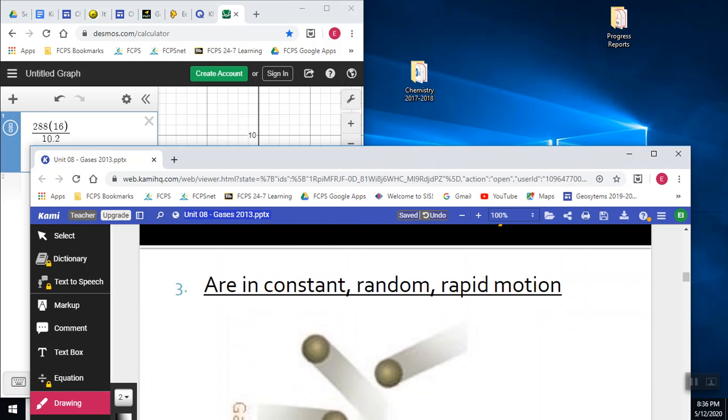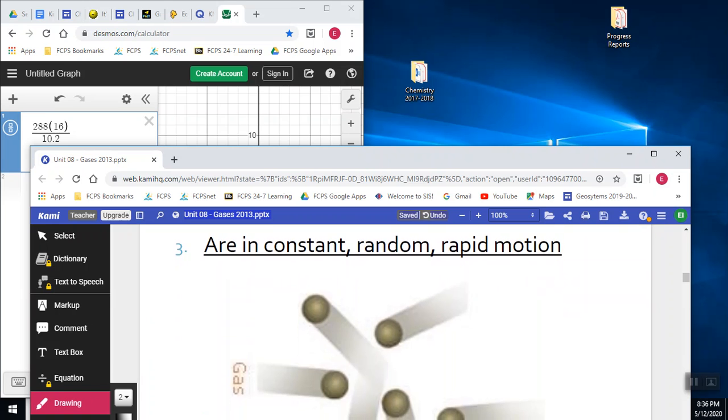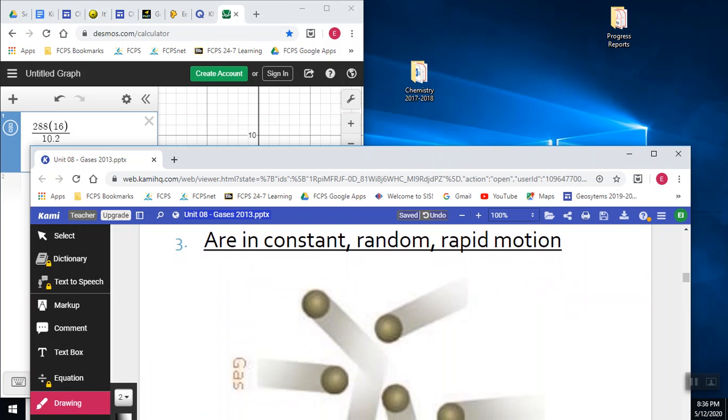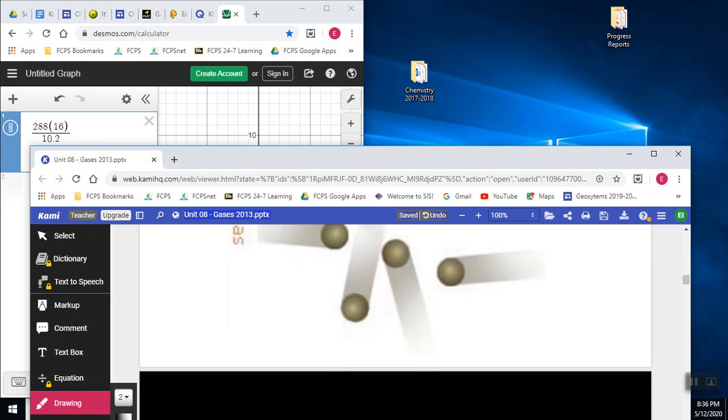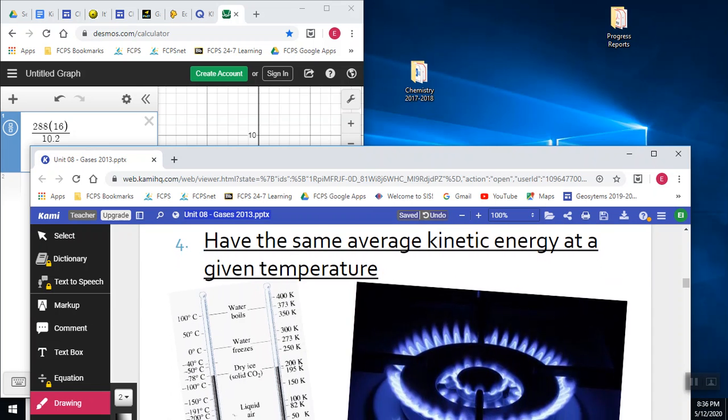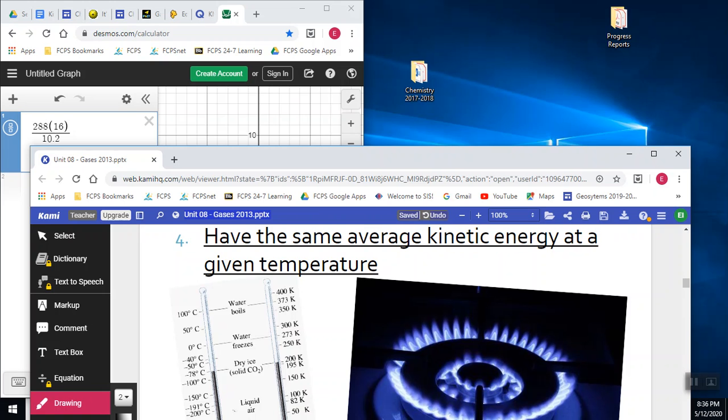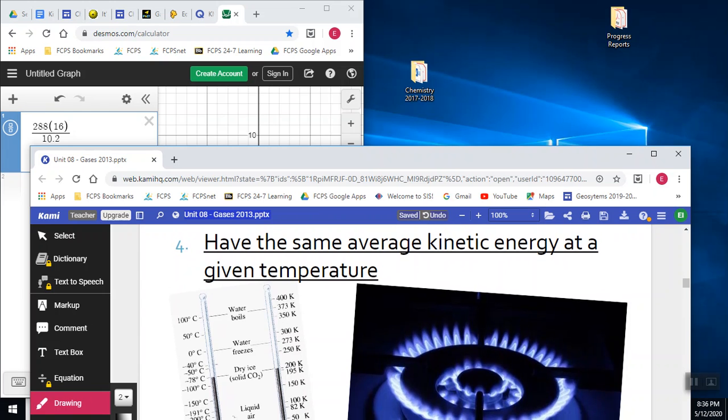Number three, they're in constant, random, rapid motion. They just move straight, not bending, randomly, and they never stop. Number four, they have the same average kinetic energy at a given temperature.